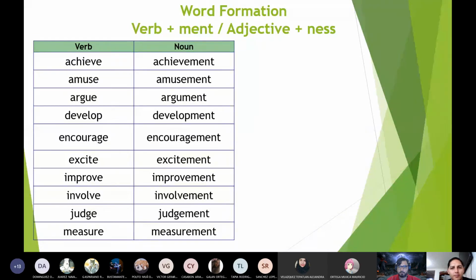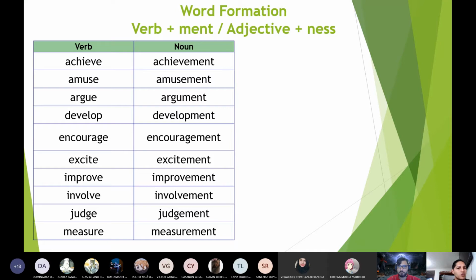Word formation, which is quite an ability. You have a verb, achieve, and you have a noun, achievement. Amuse, which is a verb, you can look it up if you need to.